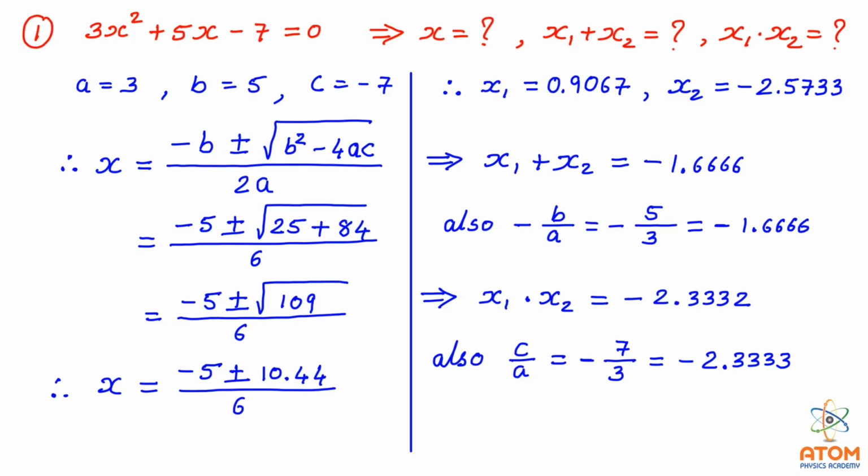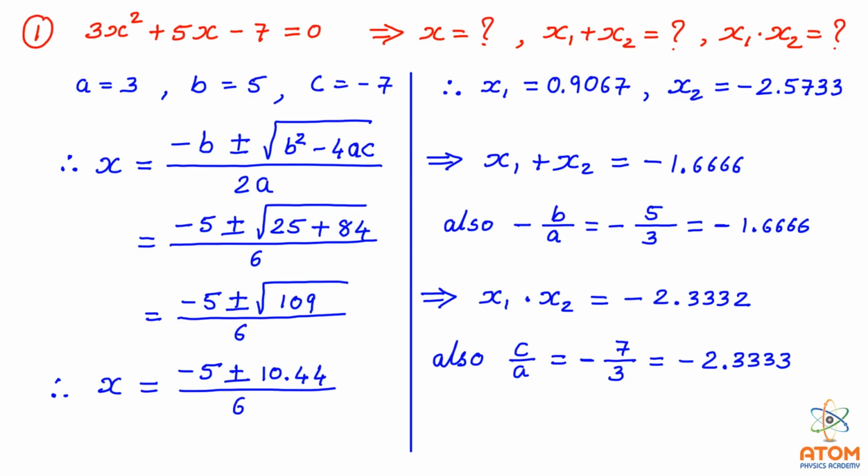Let us see first. Here a is 3, b you can see is 5, and at the place of c you can see it is minus 7. To solve the value of x, we know the equation minus b plus or minus under root of b square minus 4ac upon 2a.